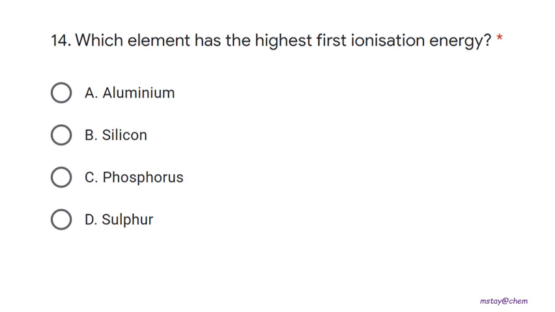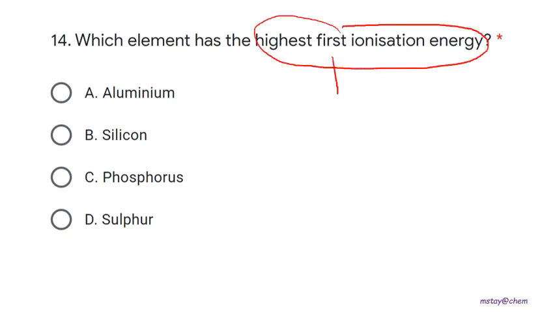Which of the elements has the highest first ionization energy? Like just now we already mentioned, if there is a sudden highest ionization energy, either it is from the inner shell or the electron is removed from a half-filled orbital or full-filled orbital.